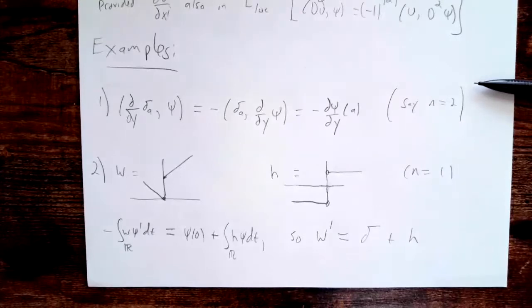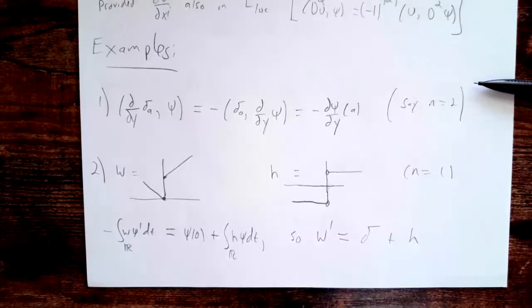So by definition, w prime applied to psi will be equal to the negative of w applied to psi prime. Since w is an L1 loc function, as a distribution, applying it to psi prime is integration. So what I've got here on the left-hand side of the page is in some sense the answer. That's the derivative of w as a distribution, but I need to rewrite it in terms of just psi so I can get a good formula for it.